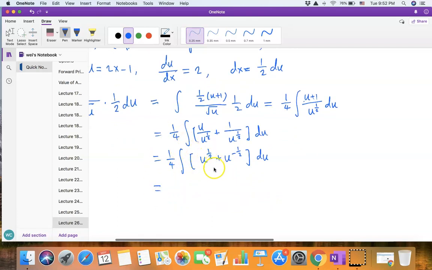Okay, since this is an integral of a sum of two functions, we can split this into a sum of two integrals. The first one is the integral of u to the power of 1/2 du plus the integral of u to the negative 1/2 du.